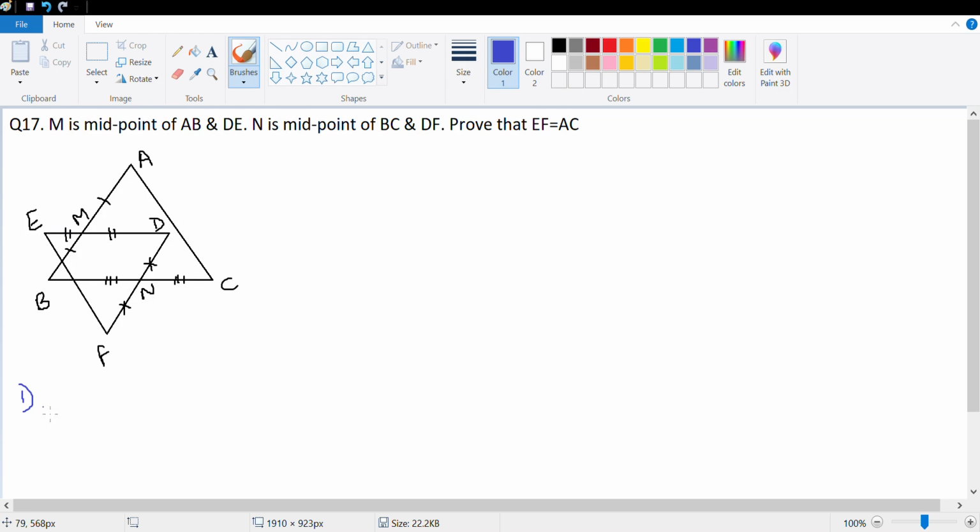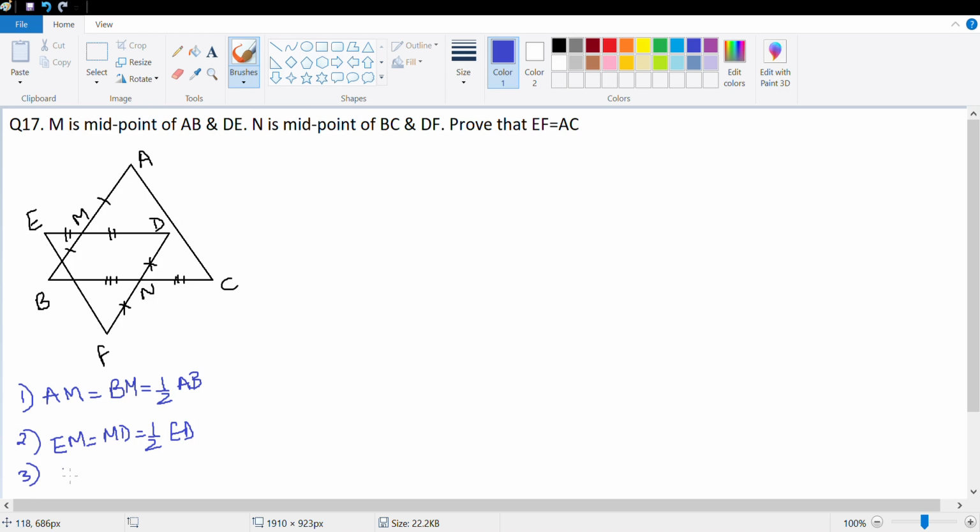So let's start writing what is known to us. AM is equal to BM, this is given, and this is equal to half of AB. Similarly, EM is equal to MD, which is equal to half of ED.